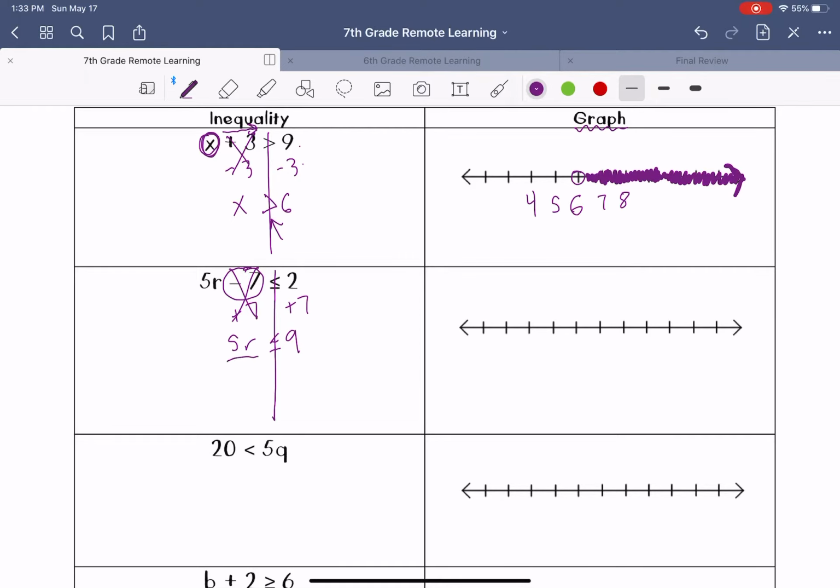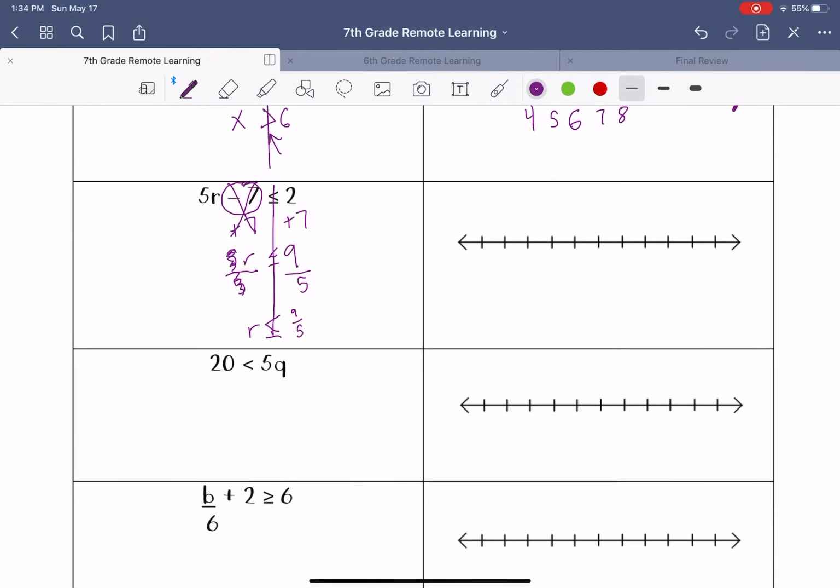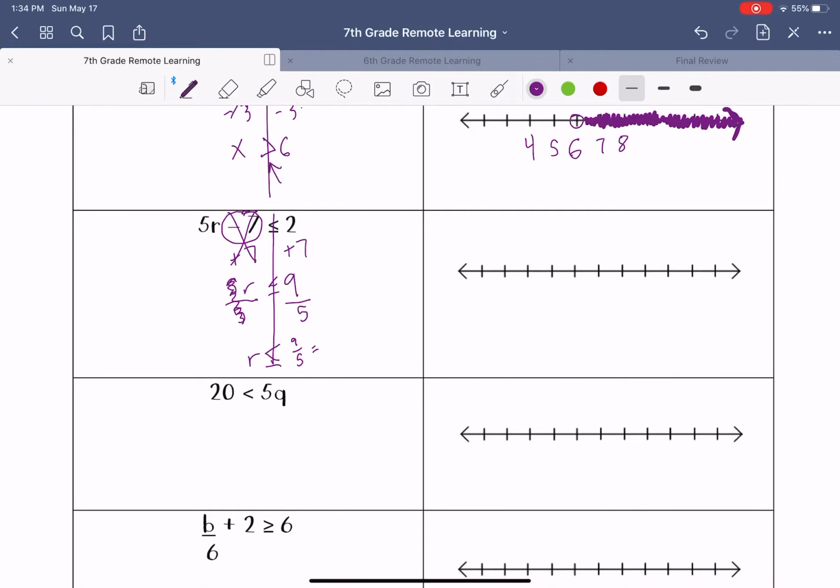Then I'm going to divide by 5, divide by 5. Those cancel, and I'll be left with r is less than or equal to, I want to remember my inequality, 9/5, which I also could think of as 1 4/5 or as 1.8 if I wanted to convert it into decimals. So any of those will work.